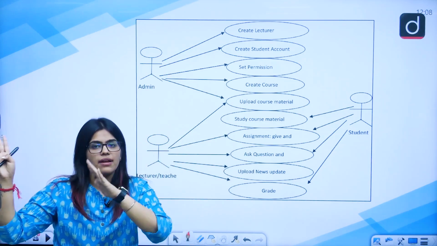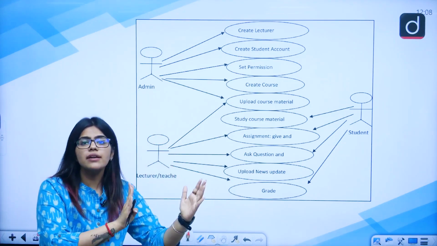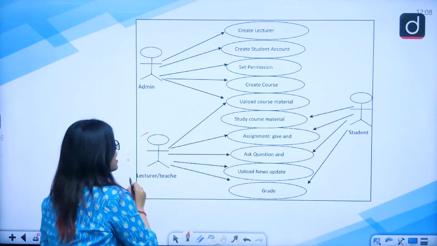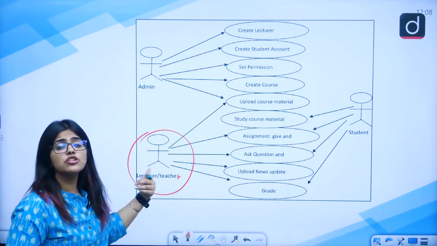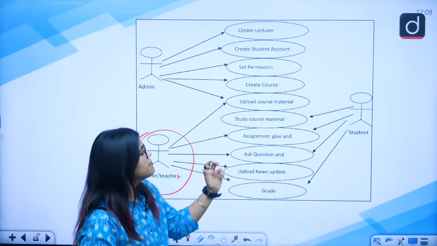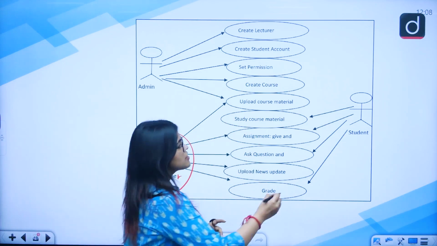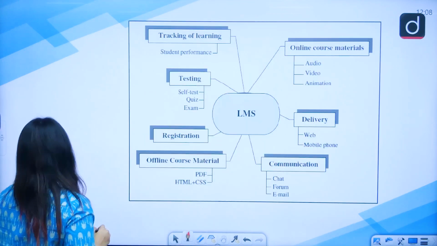The first layer is the back layer. This back layer is handled by our admin. Then the front layer, this front layer of any website or any software, is managed by the teacher. This teacher or lecturer will upload the assignment, the coursework, or whatever questions she has to ask. And the student would participate here.